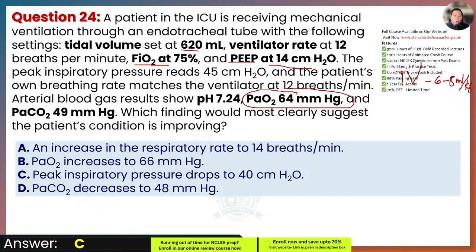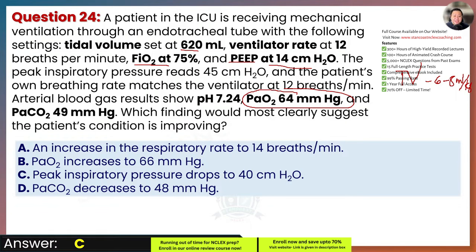Now, the normal range for the PEEP is typically between 5 and 10 cm water for most patients. Now, 10 cm water is the most used setting in patients with mild to moderate respiratory distress or those receiving mechanical ventilation due to pulmonary edema or the ARDS.